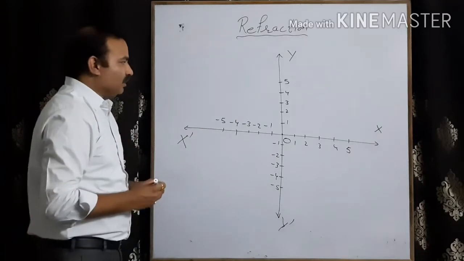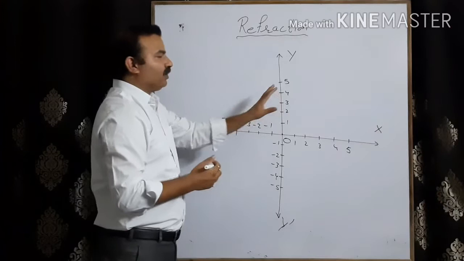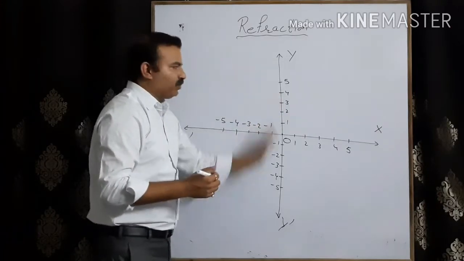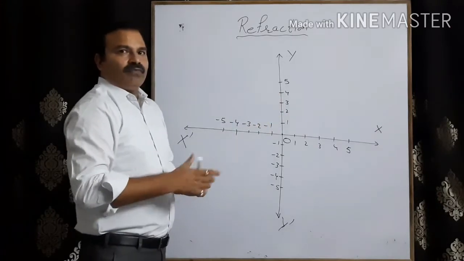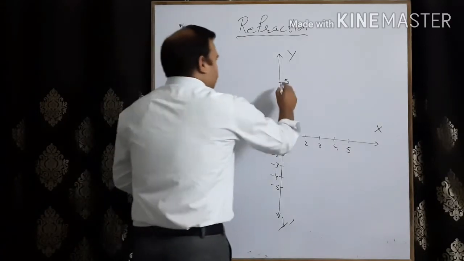Fine. So all the 5 points you have to remember, you will be able to remember by using this. Now for that, I'll draw one convex lens over this.